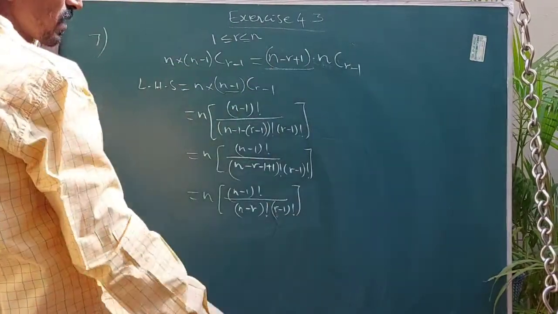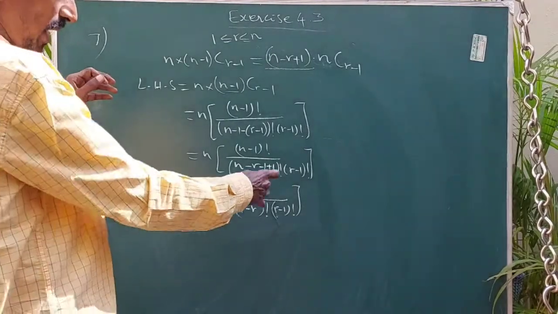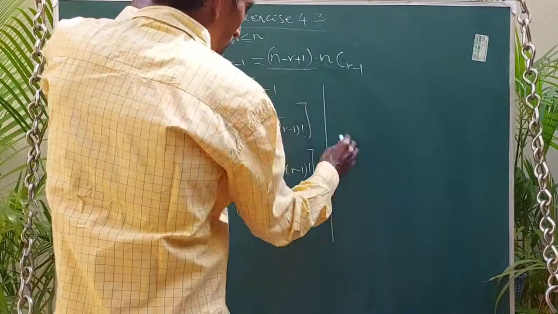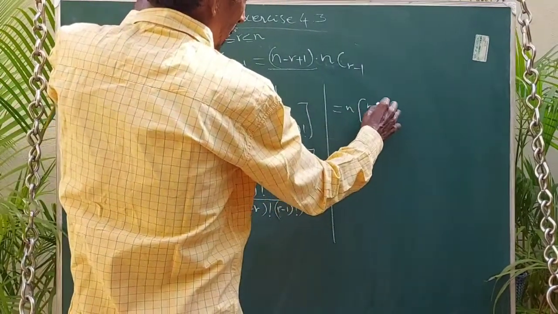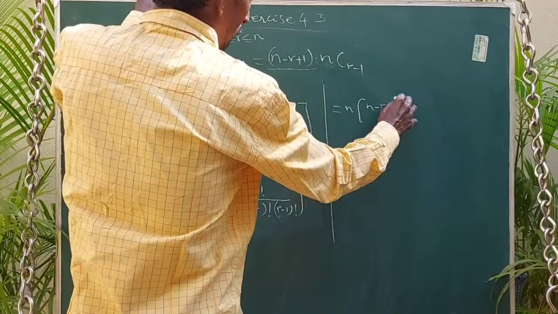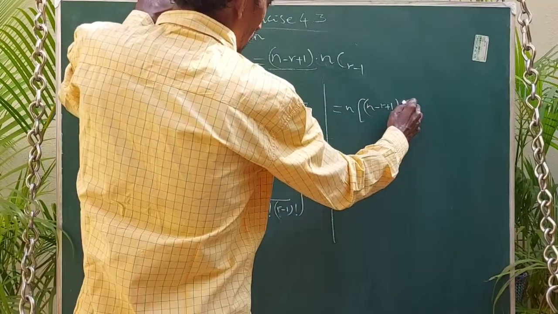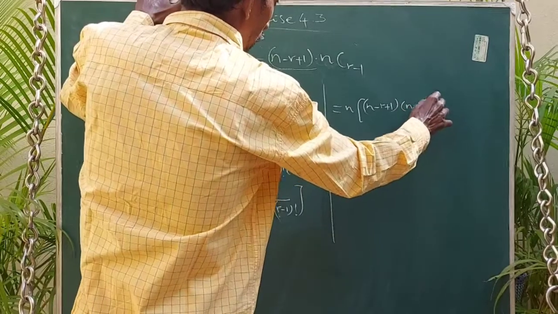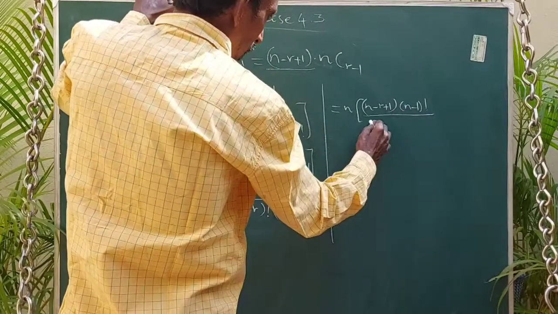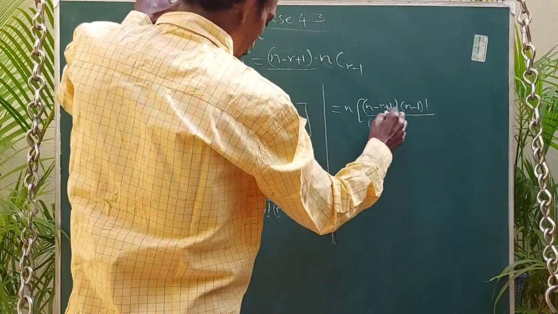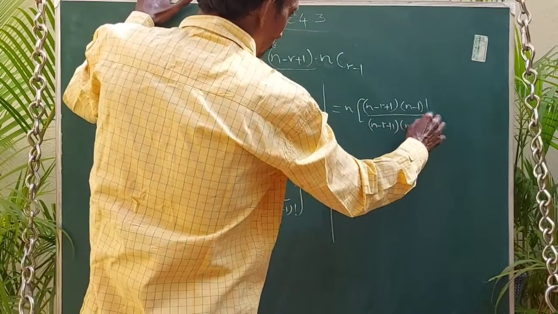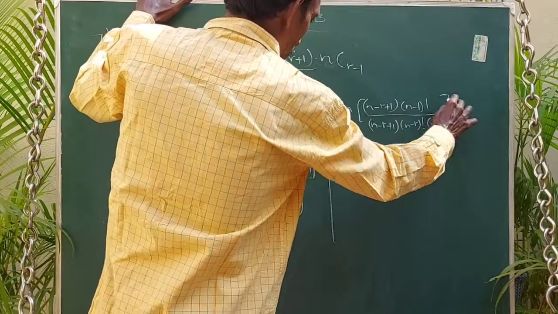We need n minus r plus 1. So multiply and divide by the same value. So n into n minus r plus 1 into n minus 1 factorial, by n minus r plus 1 into n minus r factorial into r minus 1 factorial.